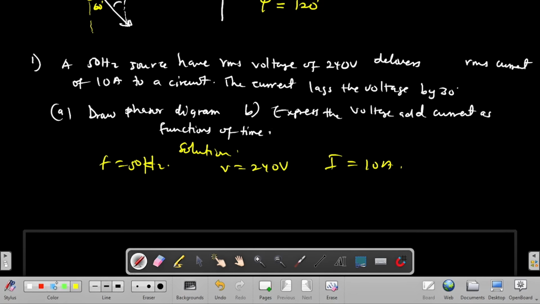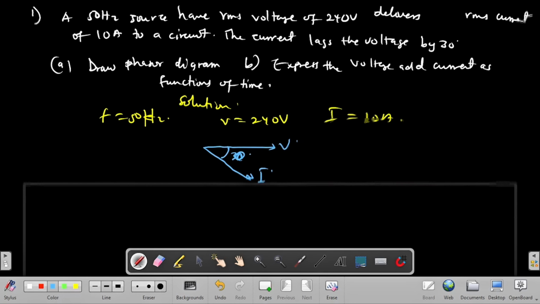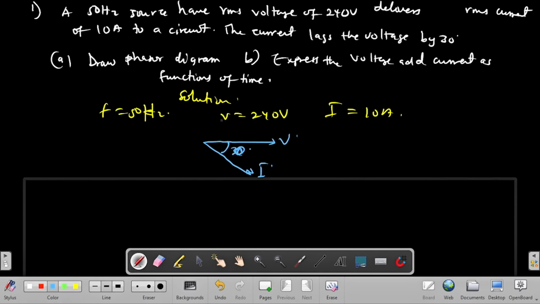So if you choose to represent the voltage as a horizontal V, then the current will lie here with an angle of 30 degrees. Okay, so I, as simple as that. So this now becomes the phasor diagram. It's not anything conventional, specific or standard. Just make sure that the difference is shown to everyone, that the current is lagging the voltage by 30 degrees.